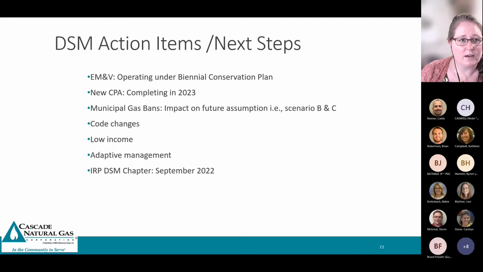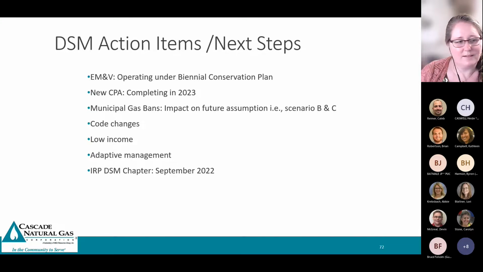One of the things we're excited about is being able to look at that sector level breakdown that we have in our conservation potential assessment on income, so that we can better identify where those customers are and how to make sure they have equal access to the energy efficiency program. That's something that manager will be able to focus on a little bit more.